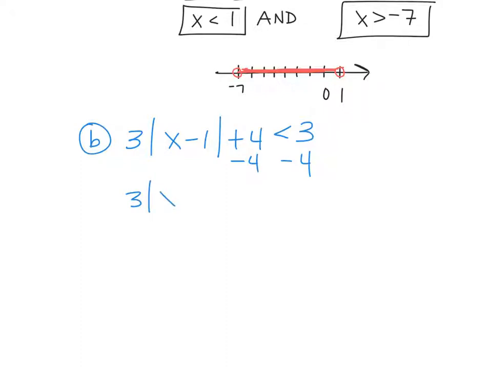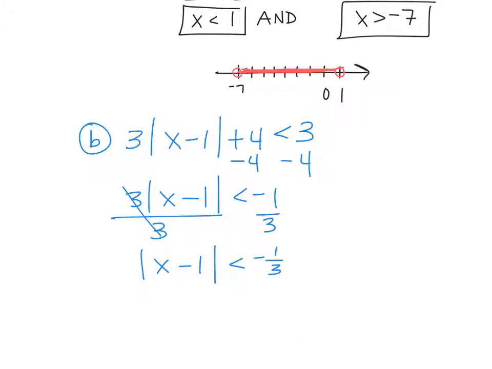So 3 times the absolute value of x minus 1 is less than negative 1. Then what? Divide by 3. So we have absolute value of x minus 1 is less than negative 1/3. What do you see there?